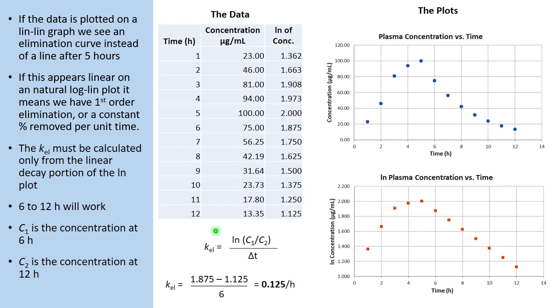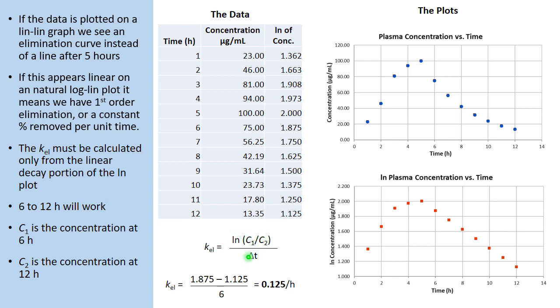So this is very similar to what we did before. We did the KEL a little differently because we used log, but you could also use ln, and in this case it's the ln of C1 over C2. Remember, you could convert that to a subtraction: the ln of C1 minus the ln of C2, and that would give you a positive number.